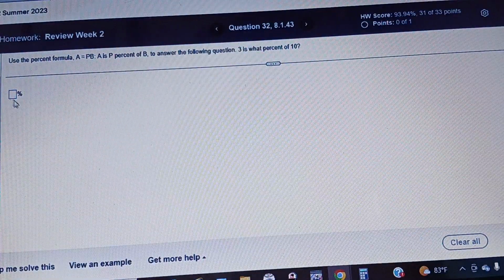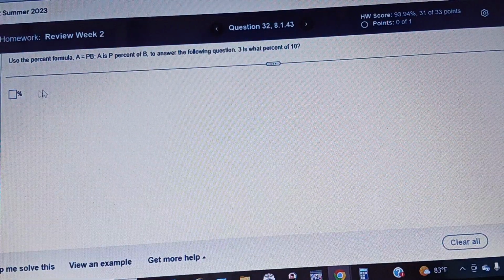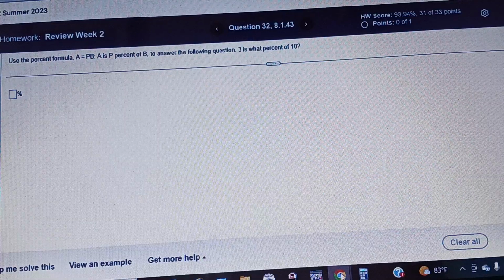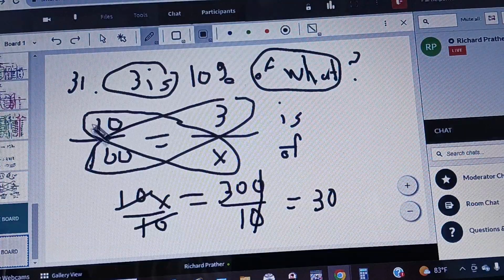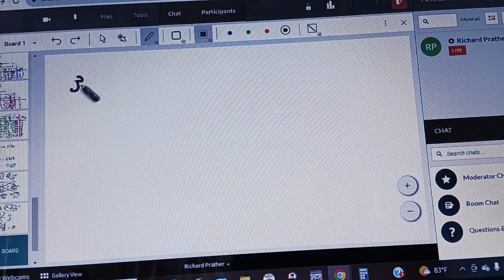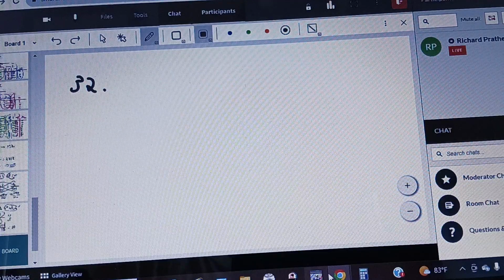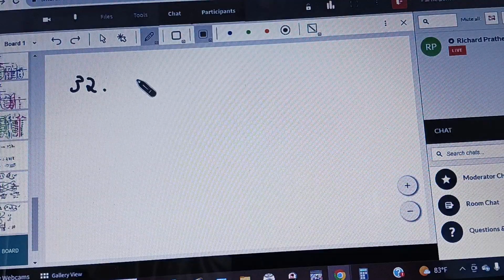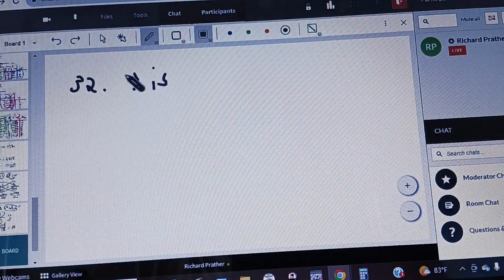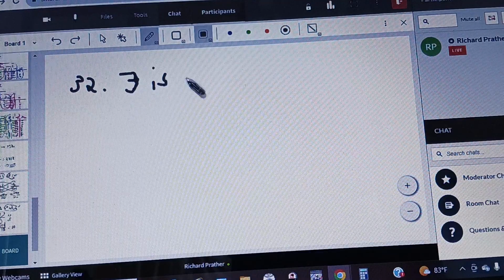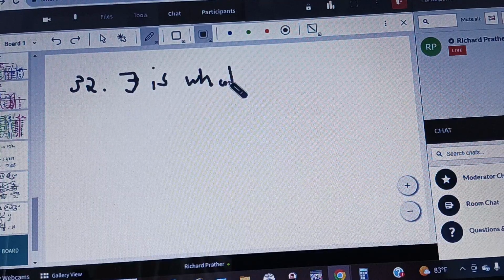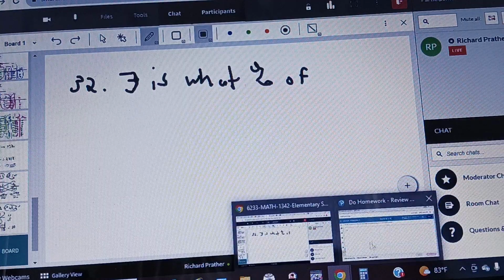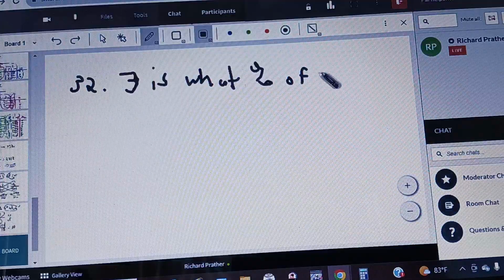But see how the percent is waiting here on the answer already? This review had all 3 versions of this. So 32. 3 is what percent of 10?